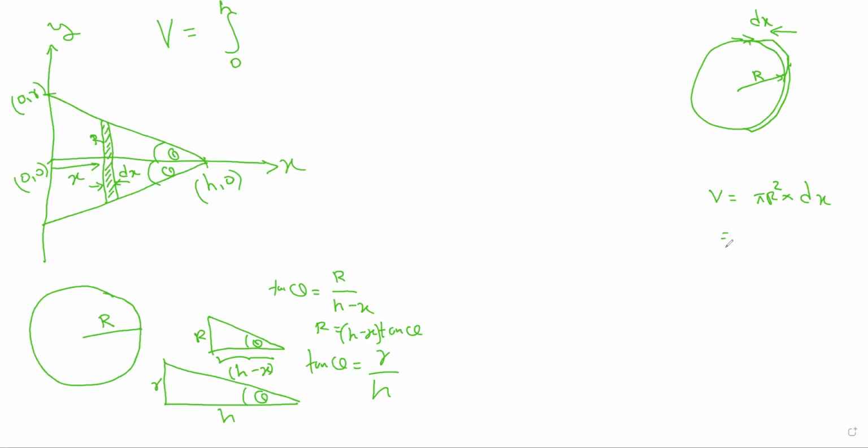Then if I substitute this r value here, pi (h minus x) tan theta squared dx, I get pi tan squared theta (h minus x) squared dx.